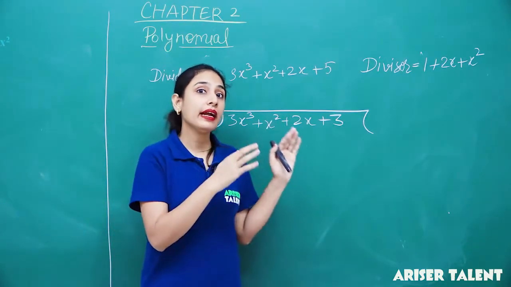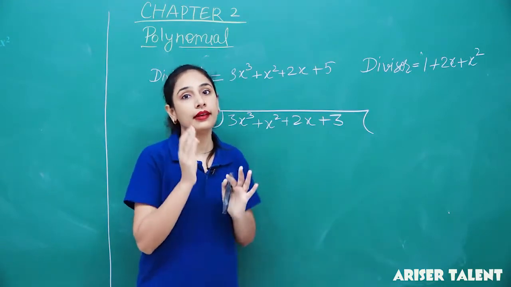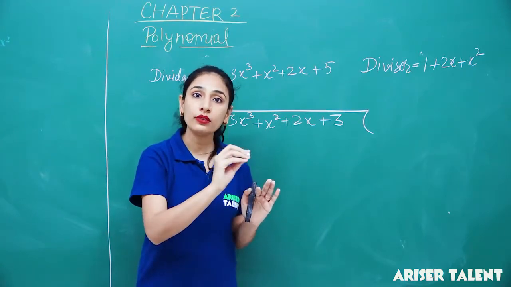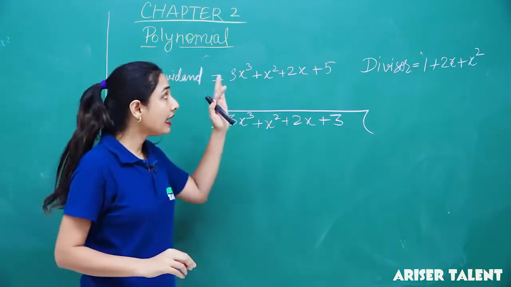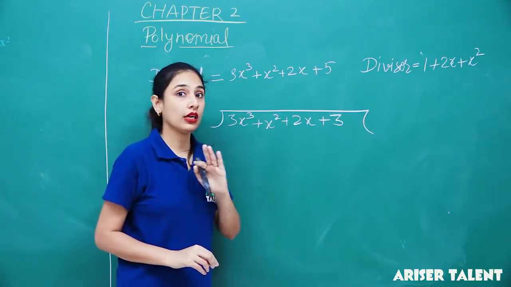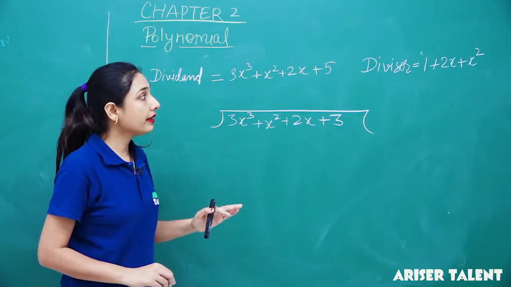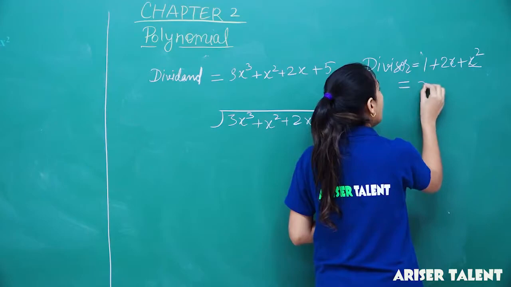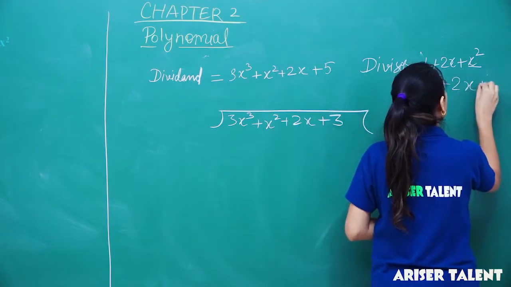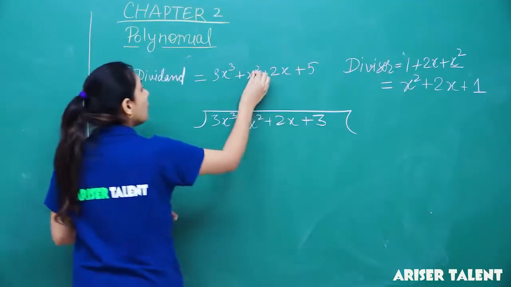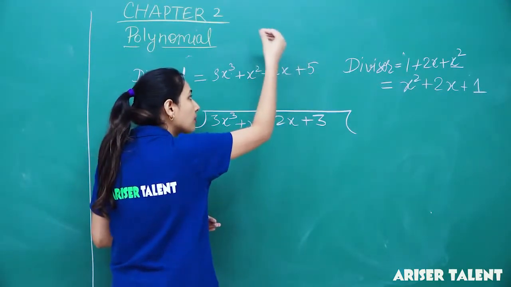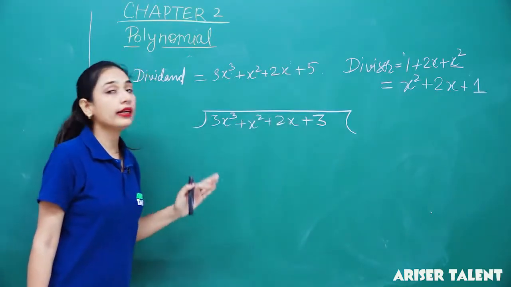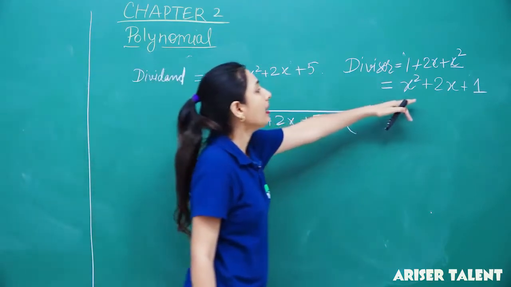If we are writing it in this fashion, then it's standard form, and whenever you are going to solve a question, you first check whether it is in standard form or not. So now it's not as per your standard criteria, so it will be x square plus 2x plus 1. Now look at this: cube, then square, then power 1, and then constant. So this is in the correct form.